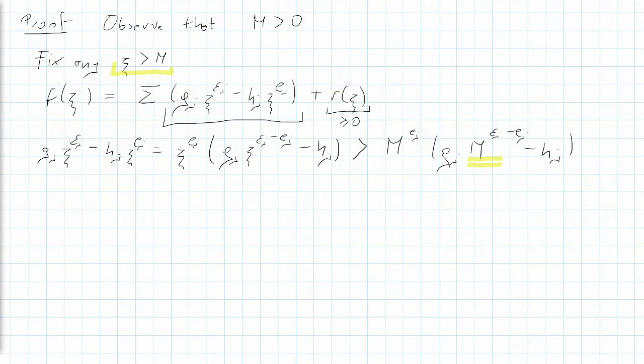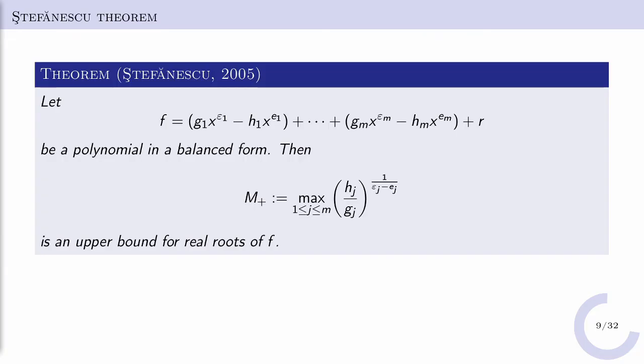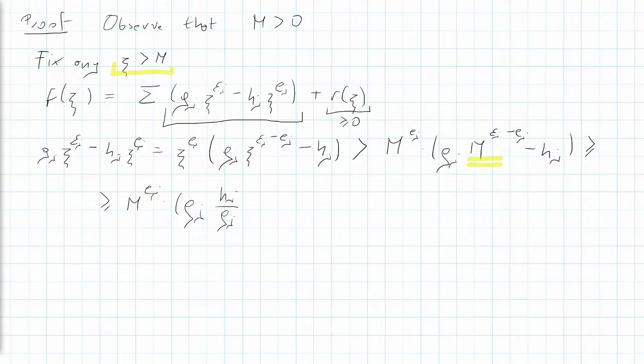So this is greater than or equal to m^ej times gj, and now this is hj over gj because the exponents cancel. So we have just this term minus hj, and this is clearly 0.